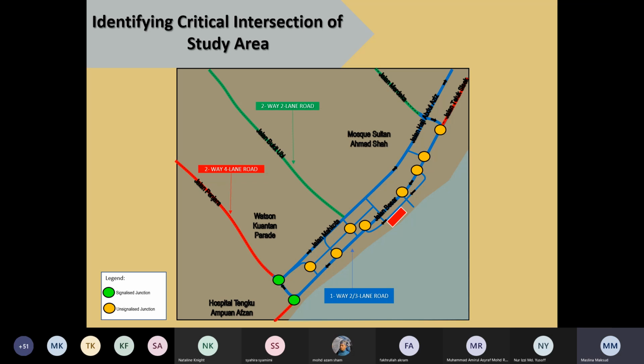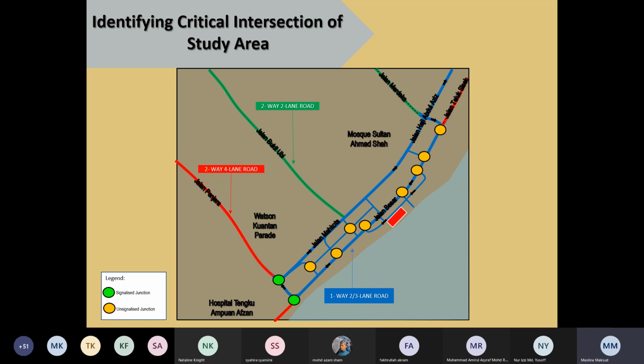So as you can see, Jalan Besar is our main road to access our development, and it's also the only route for the traffic to exit from our development. And this is the only route that generates the traffic flow from our development.